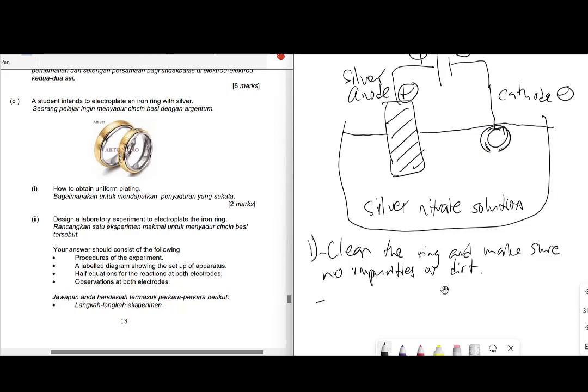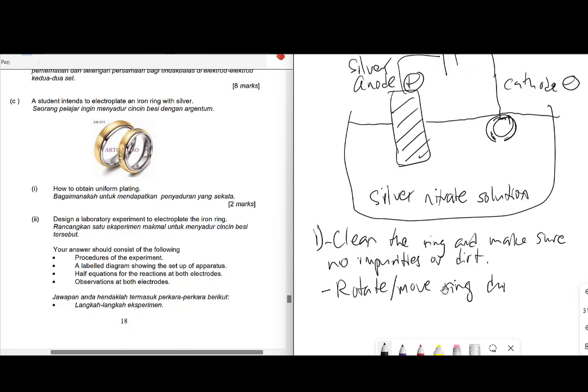So what you can say here: rotate, or you can say move the ring during the electroplating process. Don't move it always. On and off you move it a while, then leave it, move a while and leave it. So rotate or move the ring during electroplating. These are the two ways you can obtain a uniform plating.